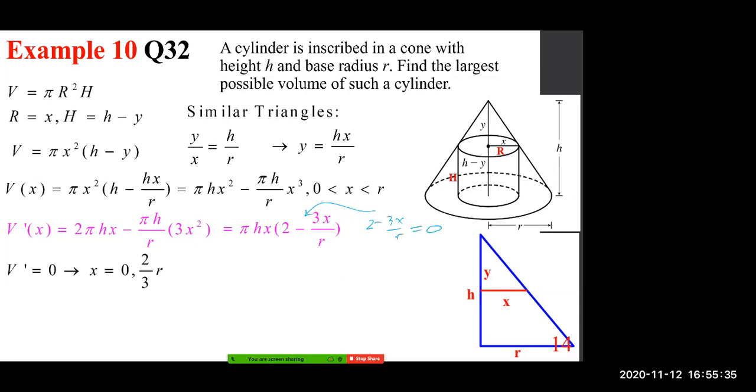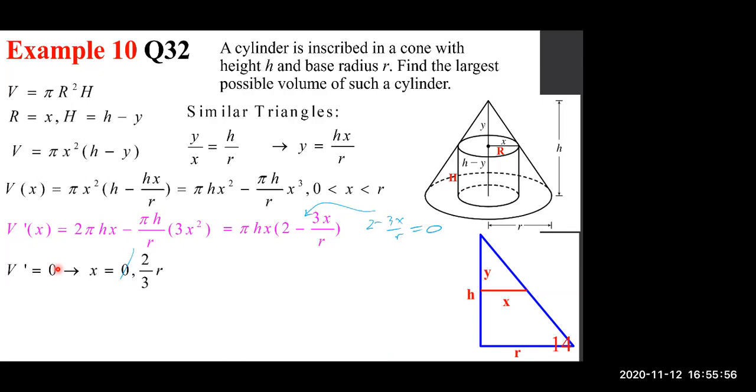And so the only acceptable answer is 2/3 r. So you have to find V double prime and plug in 2/3 r. I'm going to leave that to you.